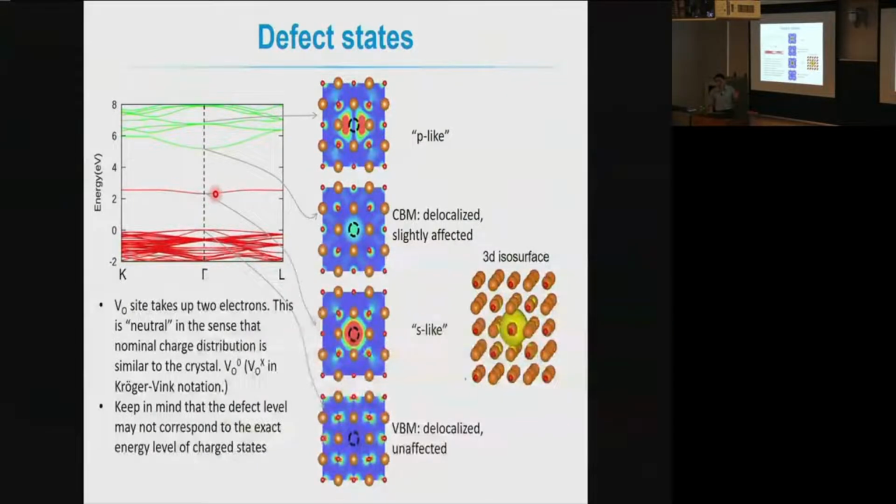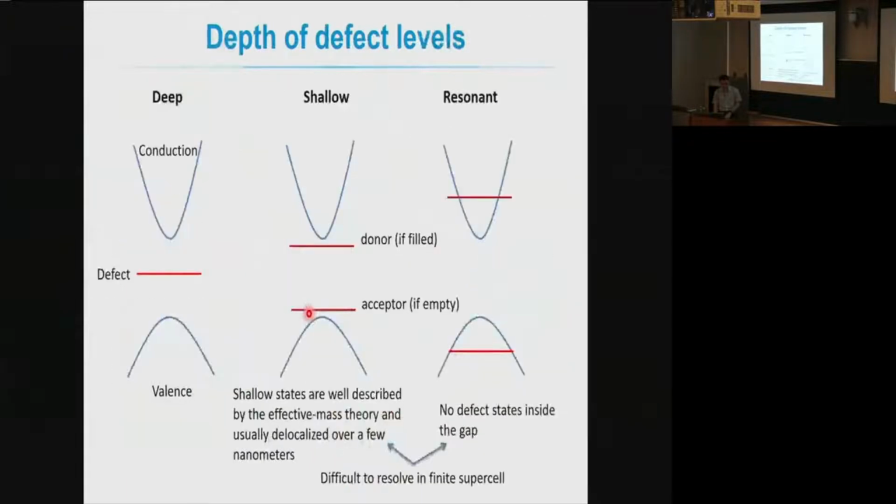For the precise value, we will have to calculate the total energy, which we will discuss later. The important thing is that when you introduce an oxygen vacancy in an insulator or semiconductor, a defect level develops within the band gap. It is a big change in the electrical and optical properties.